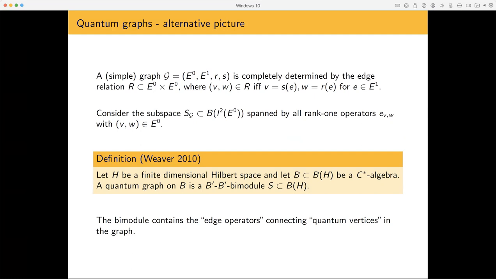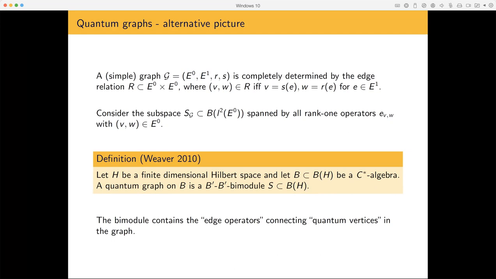A prototypical example would be S sub G, where G is a graph, and B would be functions on the vertex set as we had before, represented by multiplication operators on L2 of E0. So that would be an example of a quantum graph in Weaver's sense.